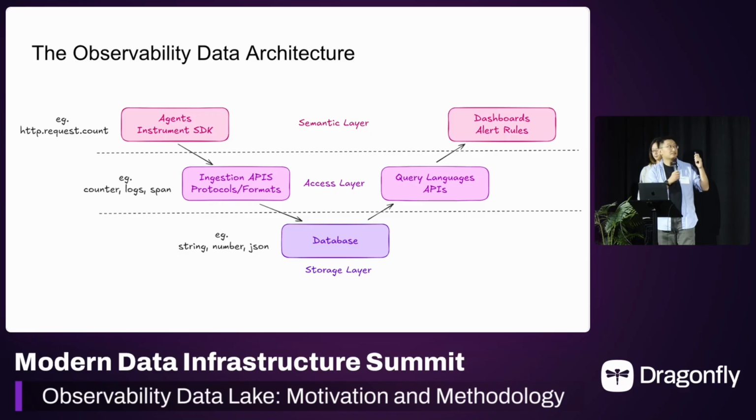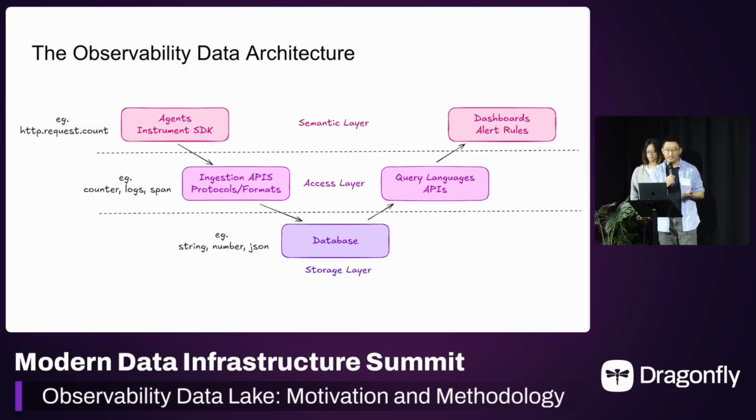So I created this V model to demonstrate the data flow in observability, and to help you understand the architecture better. The left wing of this V model is how data is ingested in observability. From the upper right corner is the agent and some language SDKs.